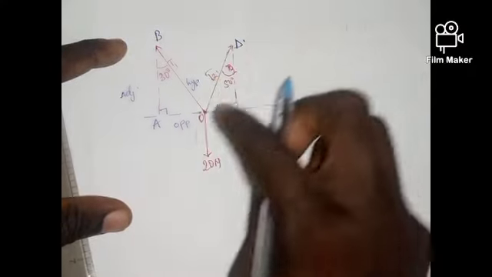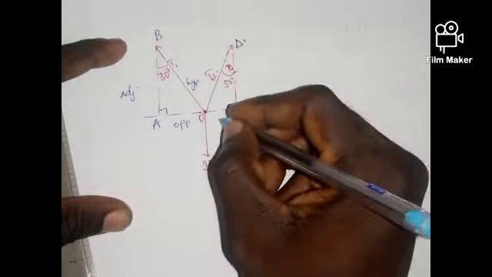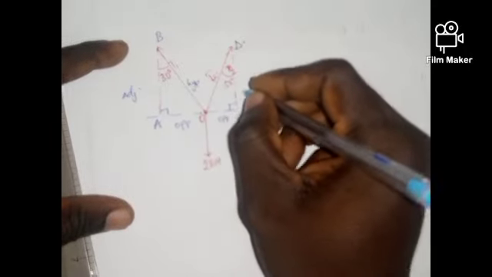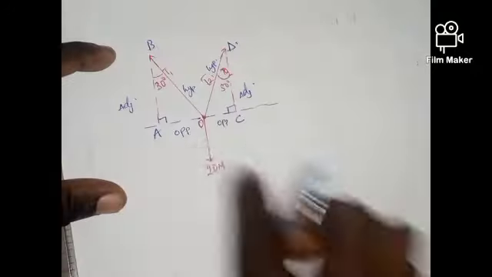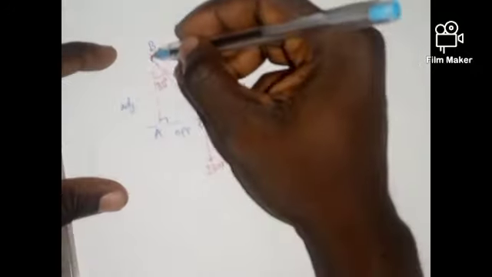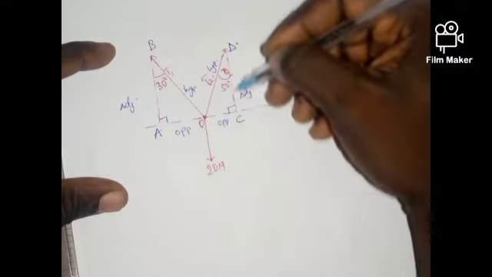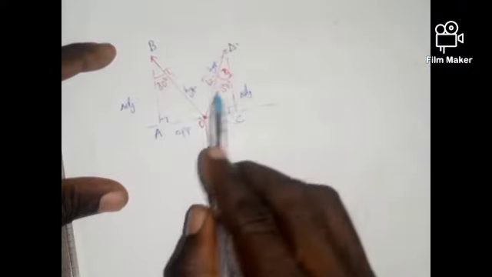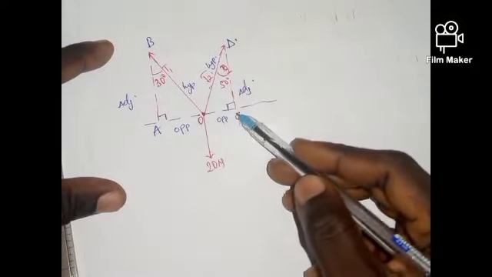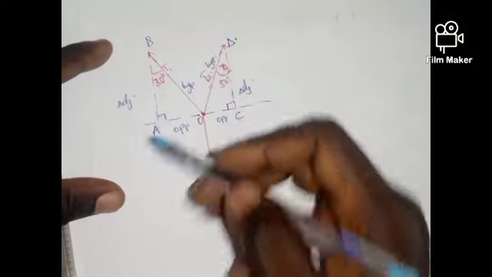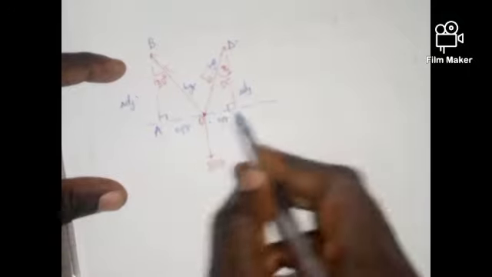For this triangle OCD, this is going to be the opposite, this is the adjacent, and this is the hypotenuse. So once you do this, what I intend to do is to get the vertical component of these forces, T2 at this component and T1 on this component. So I will be ignoring this and this.